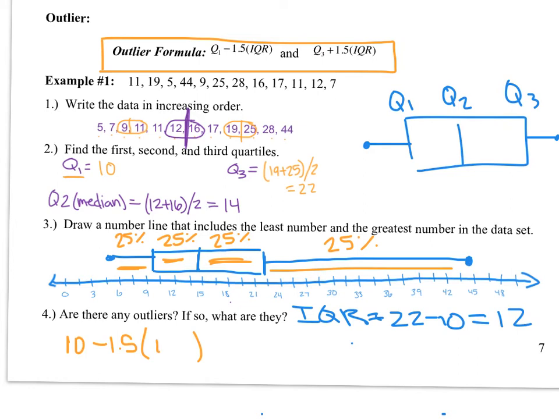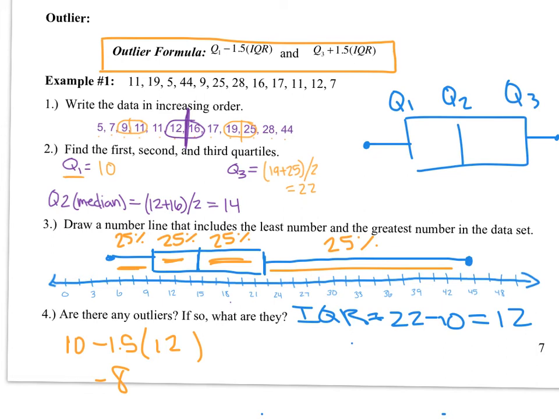So 1.5 times 12. You can put that into your calculator, and you get 18. So 10 minus 18 is -8. If there's something below -8, that would be an outlier. But the lowest value we have is 5, so there are no outliers on the lower portion of our data. But let's also check our upper extreme.